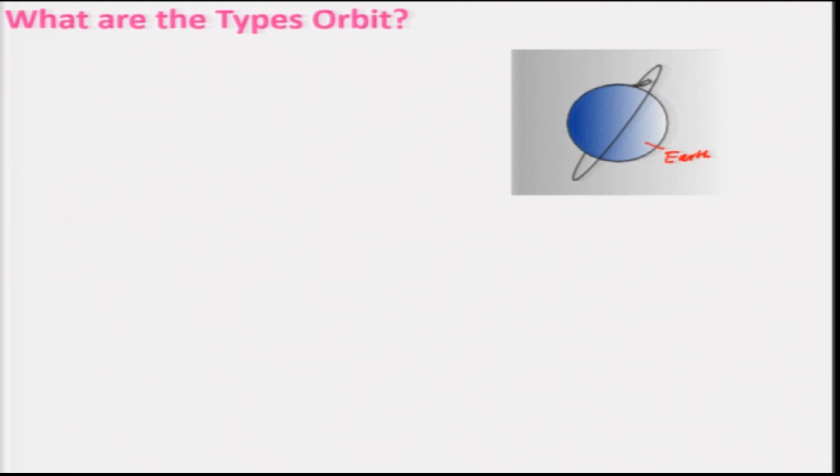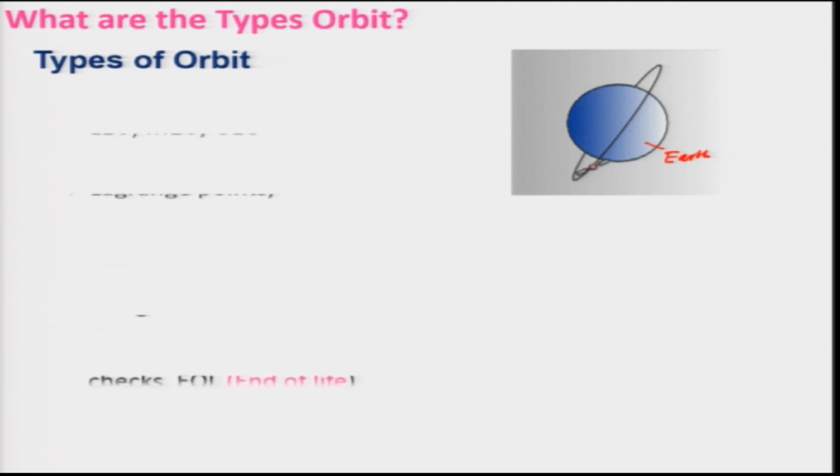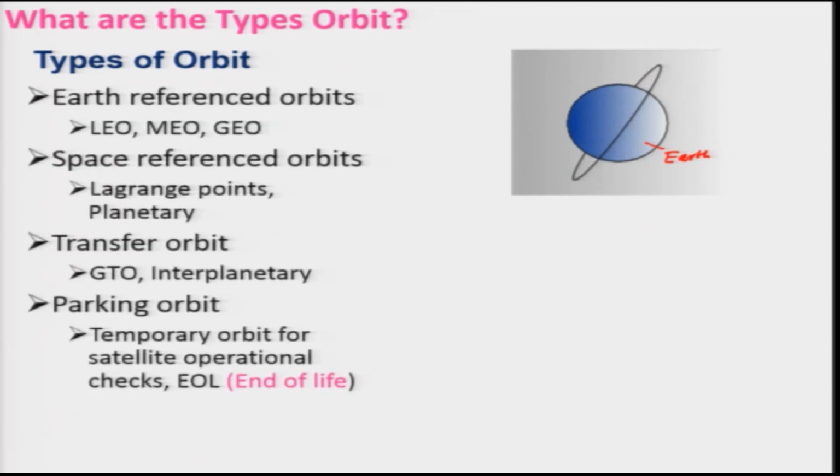And these Earth reference orbits can also be divided broadly into 3 categories: low Earth orbit, medium Earth orbit, and geo Earth orbit.